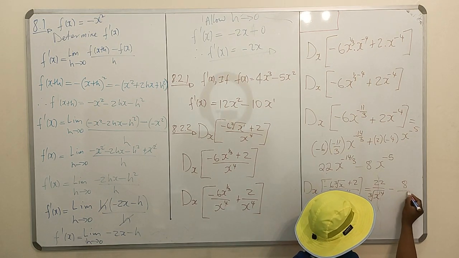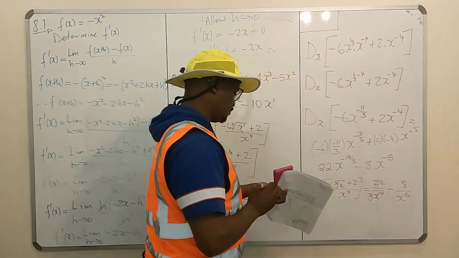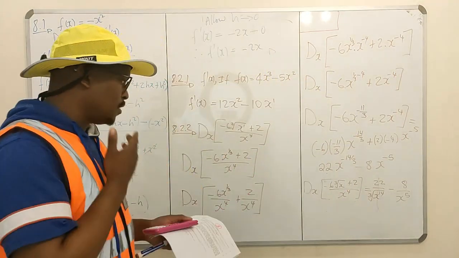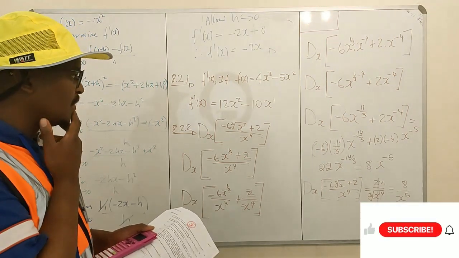Minus 8 over x to the power 5. That's it. I hope we did well.